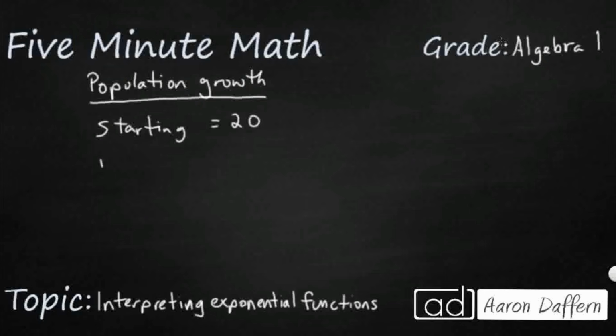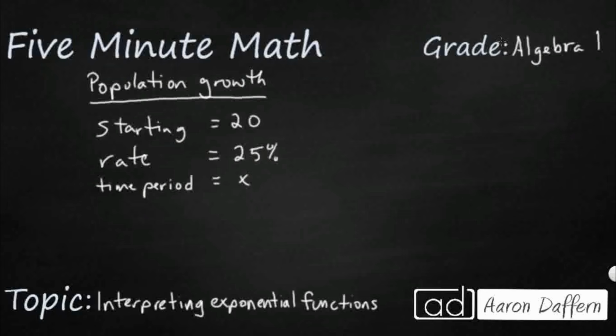Then you're always going to need the rate. The rate might be, let's say, 25% over each time period. And then you need a time period. It might be months, years, or days, but we'll just say that's going to be x, because it's going to increase or decrease depending on what you want.